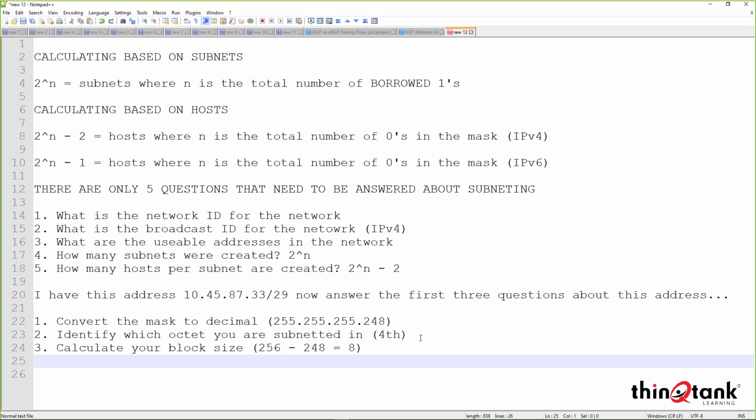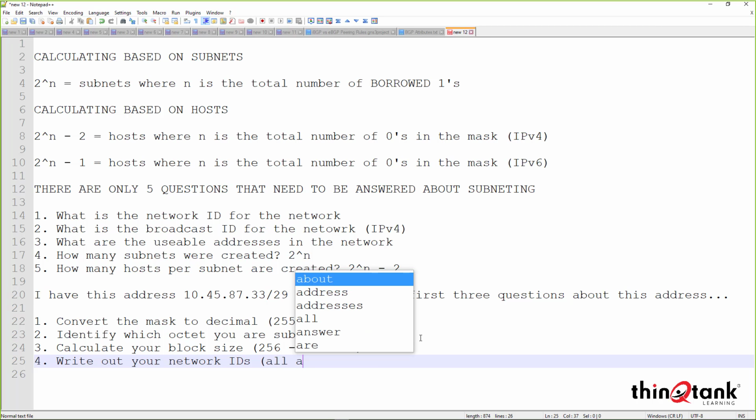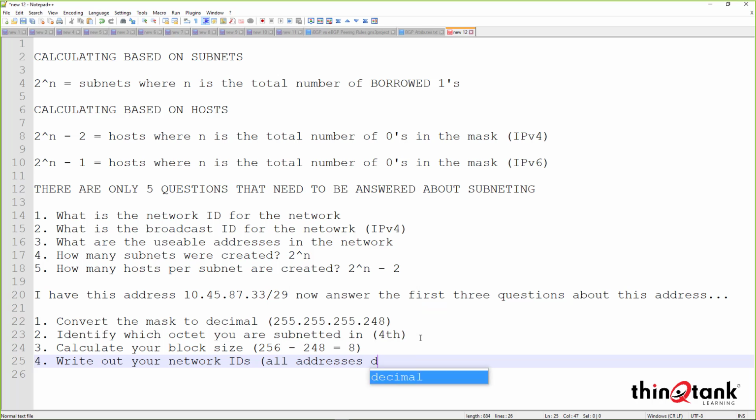Number 4, write out your networks. Your network IDs, which, by the way, are all addresses divisible by the block size.